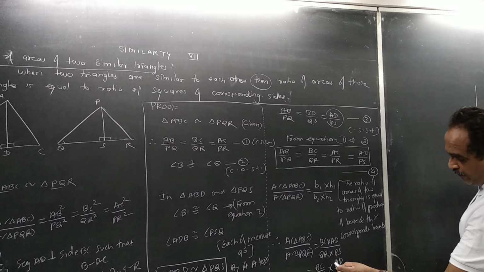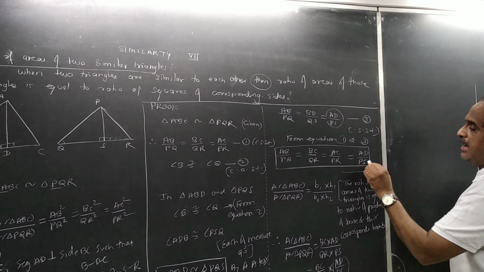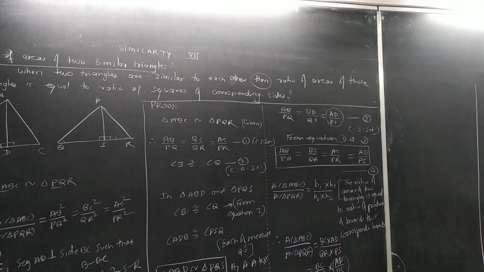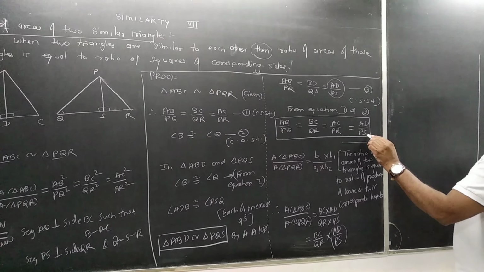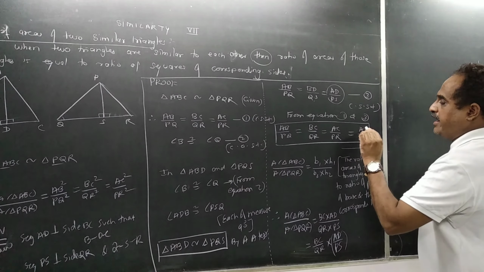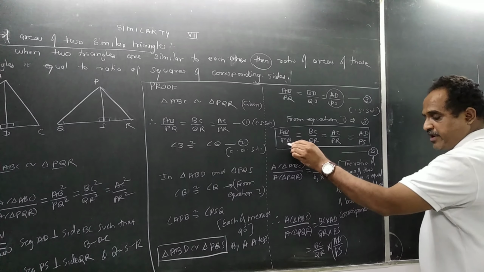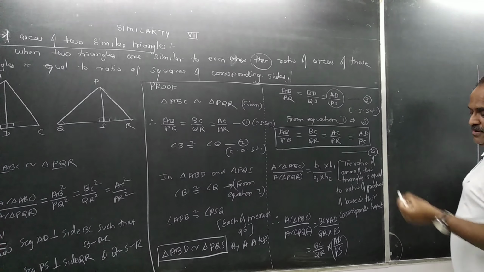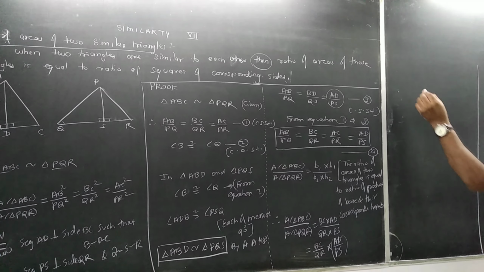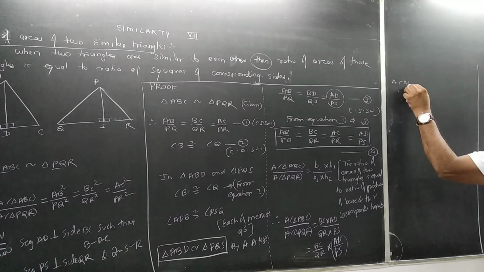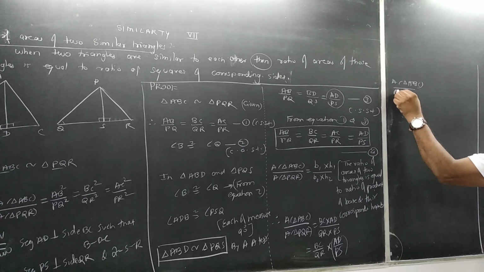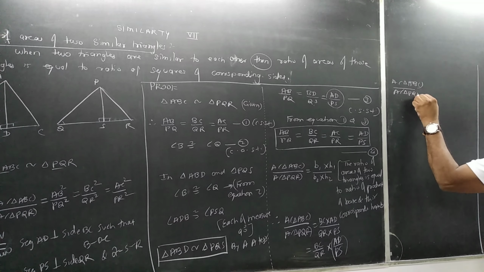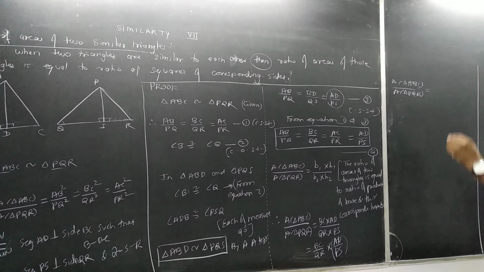Now this AD upon PS is also in equation number 4. So I can use anything from equation number 4: AD upon PS, or BC upon QR, or AC upon PR. So what am I going to use? Area of triangle ABC upon area of triangle PQR is equal to BC upon QR.